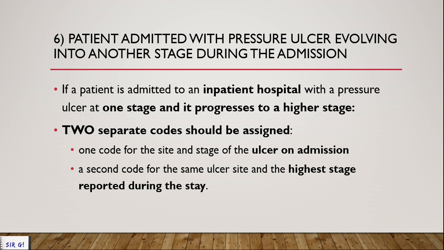So we're going to report the stage 1 during the admission and the stage 3 only, because that is the highest stage achieved during the stay. We are not going to report stage 2 because that is not the highest stage, correct? So keep in mind, we have two separate codes for your pressure ulcer that evolves from another stage during the admission.